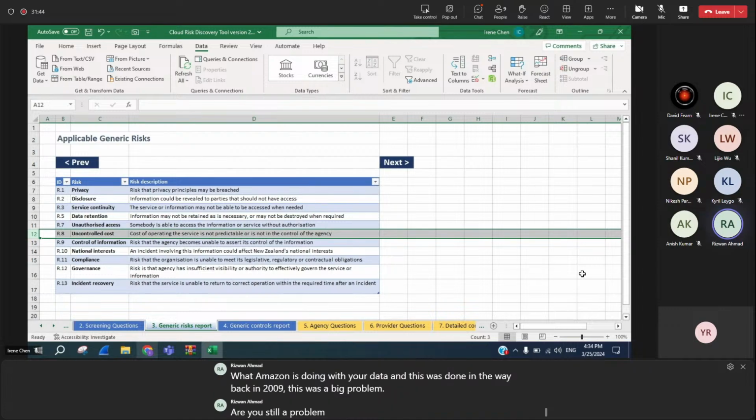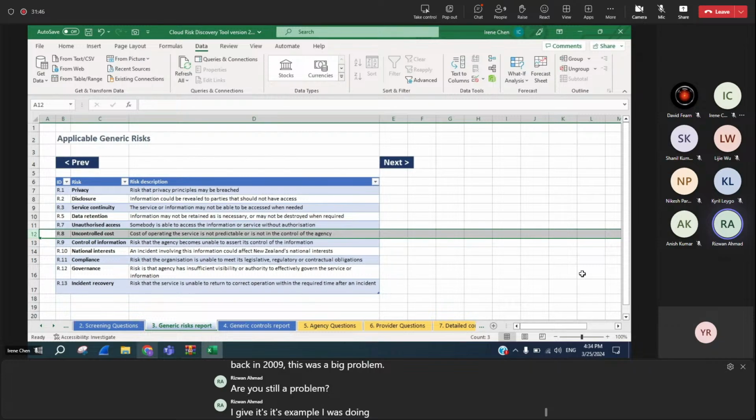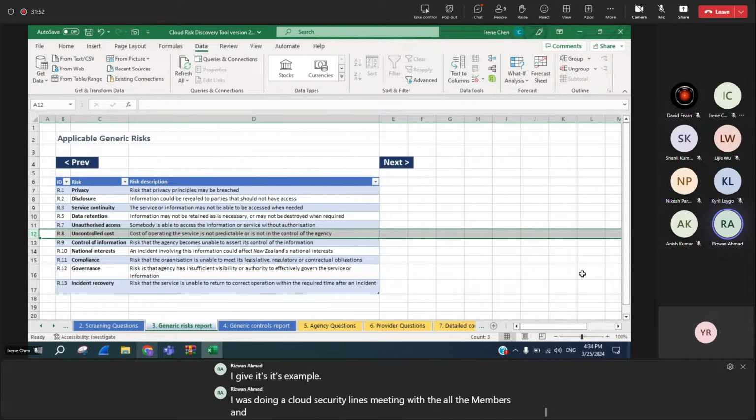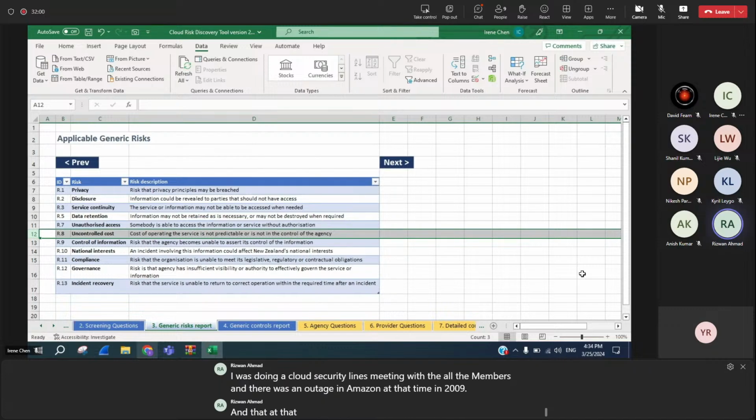I'll give you an example. I was in a Cloud Security Alliance meeting with all the members, and there was an outage in Amazon at that time in 2009, and that outage was somehow triggered by an attack.